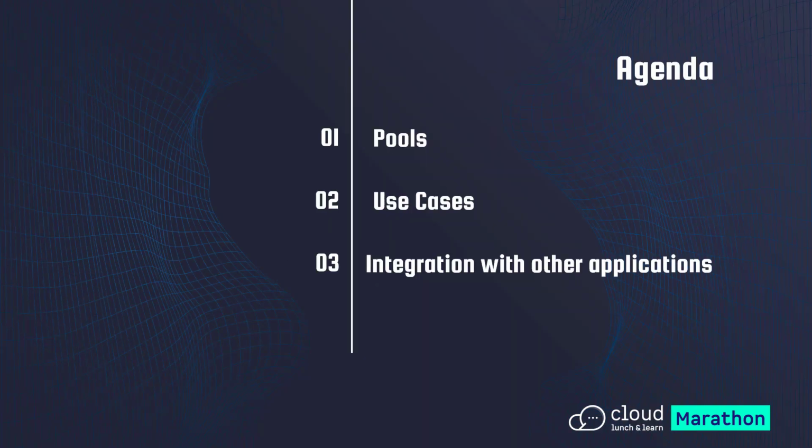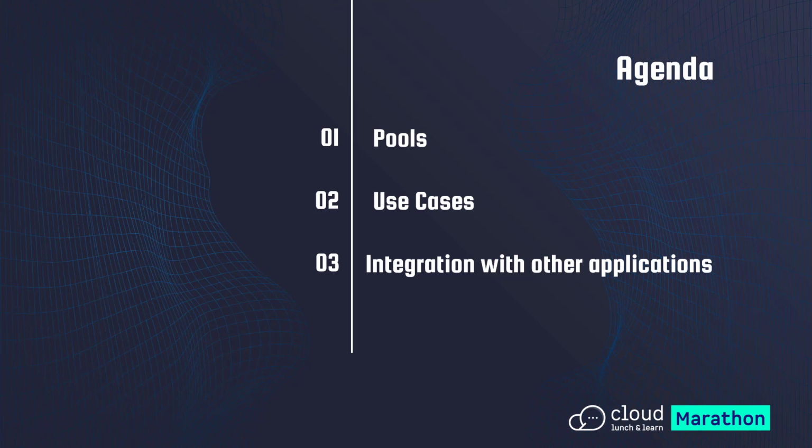Today we're going to be talking about the portions of Azure Synapse Analytics that I think are going to be most helpful in helping you to learn all about the product. The first thing that we are going to discuss are pools. There are 4 different pools that you can use in Azure Synapse Analytics, and which one you wish to use depends on what you want to do with Azure Synapse. And that's why we're going to discuss the use cases.